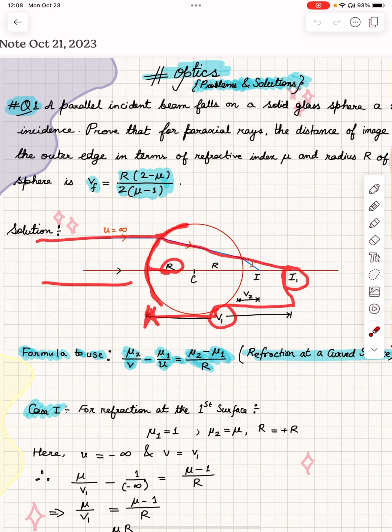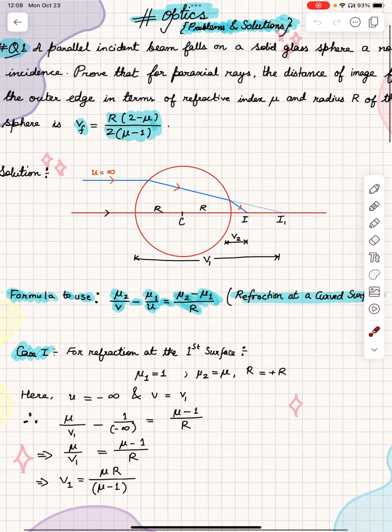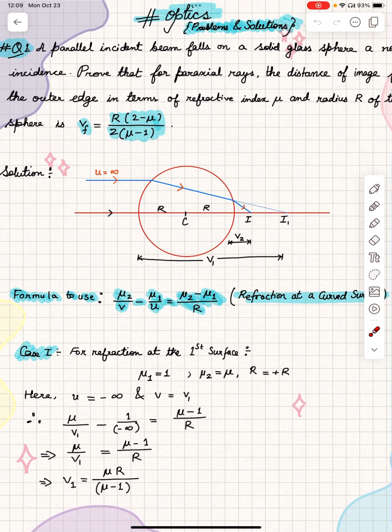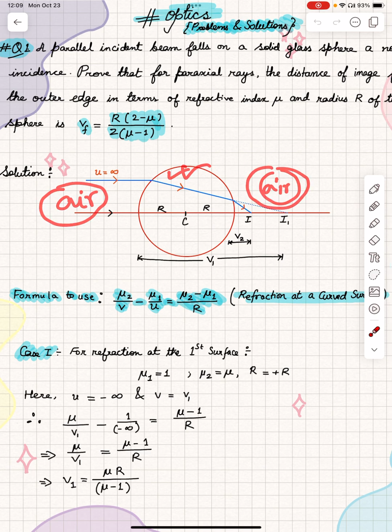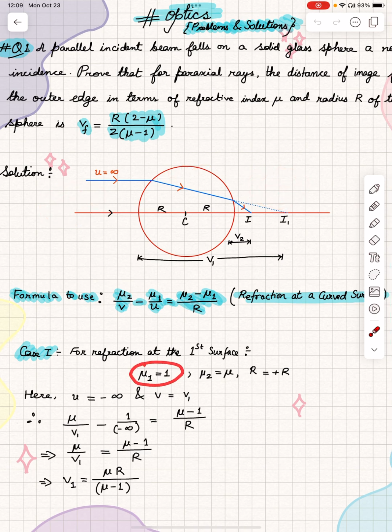The object is taken to be at infinity. So we have to use proper sign conventions for our correct answer. So mu1 is the refractive index of that medium where there is the object, and the object is at infinity, as you can see here. We are taking air in all the cases. That means this particular spherical surface is surrounded by air on both sides. So mu1 is equal to 1.